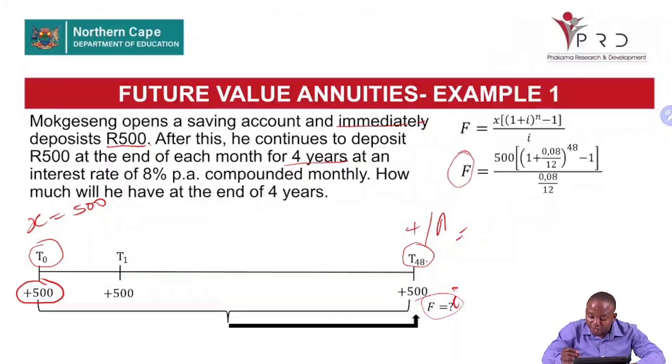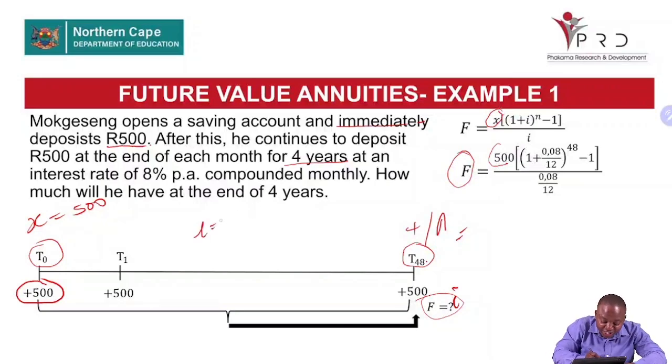Then we proceed to say, now in the space of x, what do we substitute? We substitute 500, because that is the amount that I am making monthly into my account. Then we open bracket, open another bracket, 1 plus i. With annuities, the i is not changing.